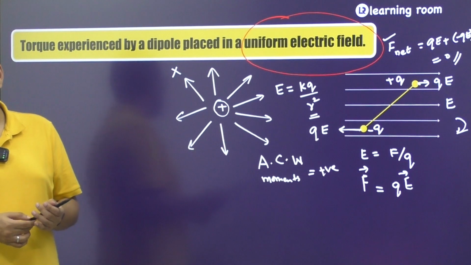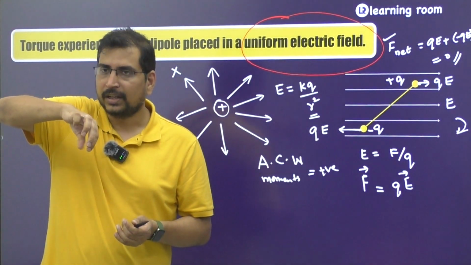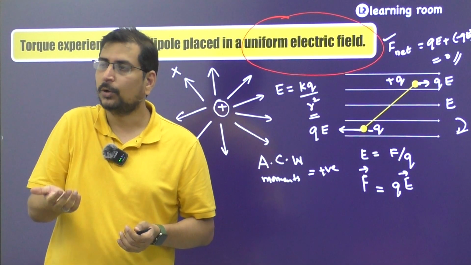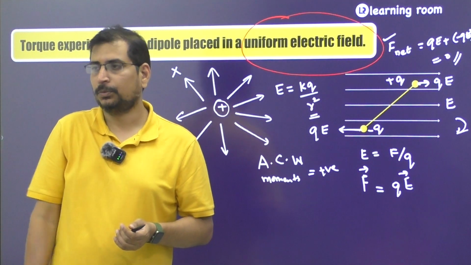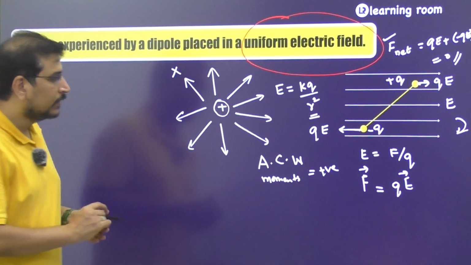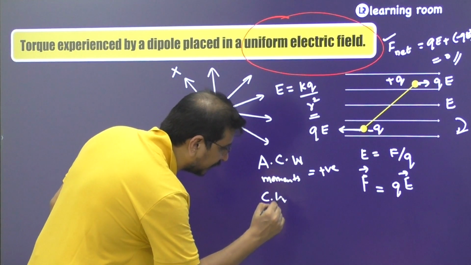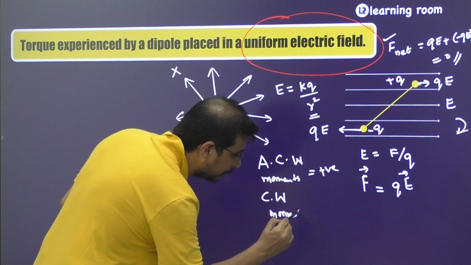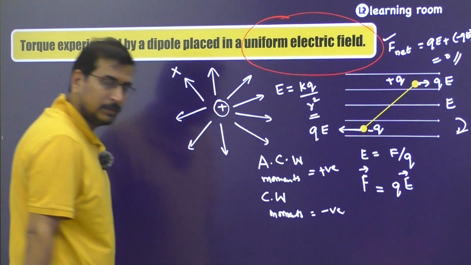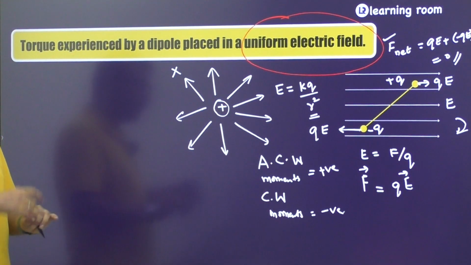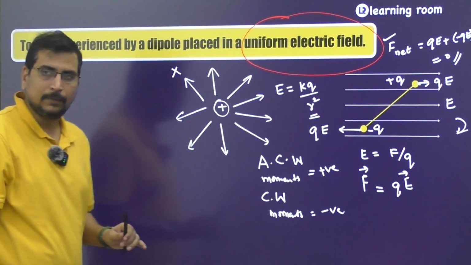What do I mean by anti-clockwise moment? When you rotate any screw in the anti-clockwise direction, it always tends to come towards you. Similarly, you have clockwise moments, which are going to be negative. Am I clear with this? So you rotate anything in the clockwise direction, it will always travel away from you.